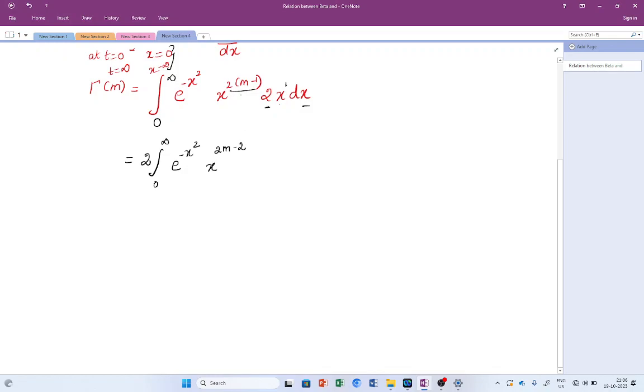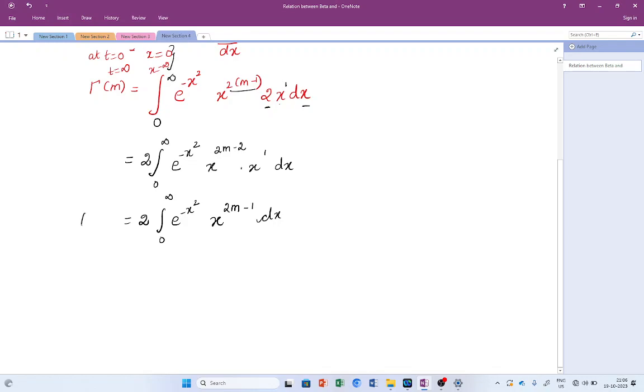This 2 is multiplied inside with x raised to 1, into dx. So this is equal to 2 into the integral from 0 to infinity of e power minus x square, and now the powers can be added as they are in a product: 2m minus 2 plus 1, which is 2m minus 1, into dx.